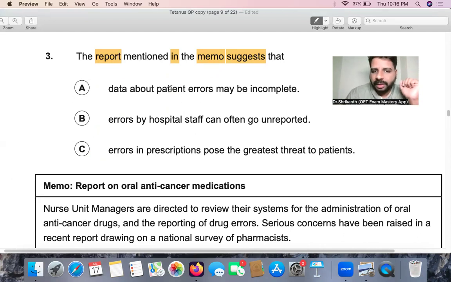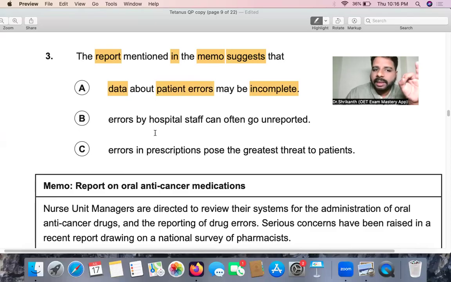The suggestion is this: data about patient errors may be incomplete. Over here, data means information. So information about patient errors, patient mistakes. Patients are making certain mistakes and that information may be incomplete. That is the first suggestion over here.